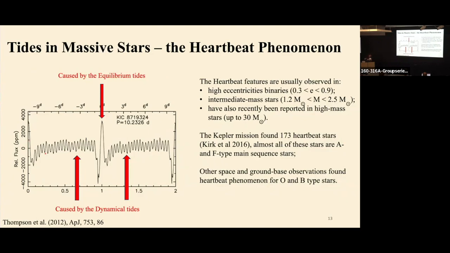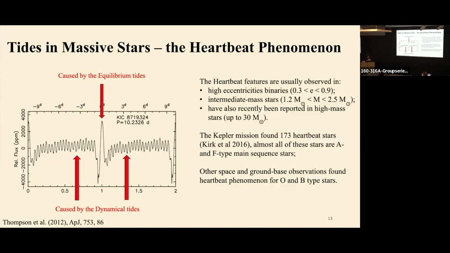So astronomers, astroseismologists, or people who study tides can probe the inner structure of the star by checking those light curves. The strongest peak at the center here is caused by the equilibrium tide. That means when the secondary star passes nearby at periastron, the star is reshaped a little bit, causing this major peak in luminosity, or flux variations.